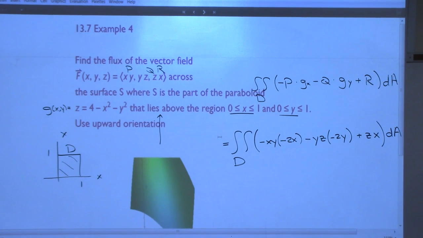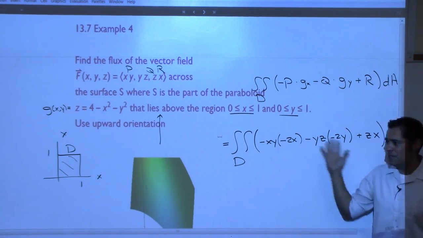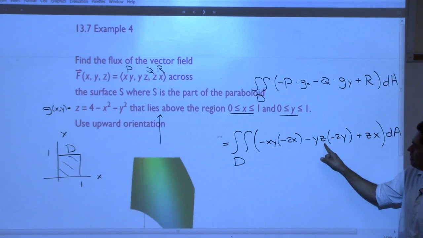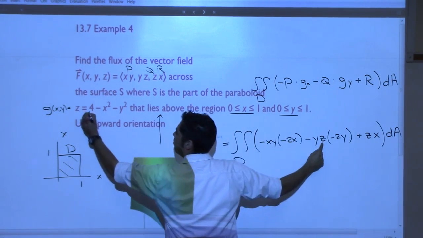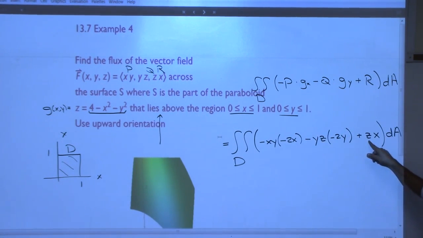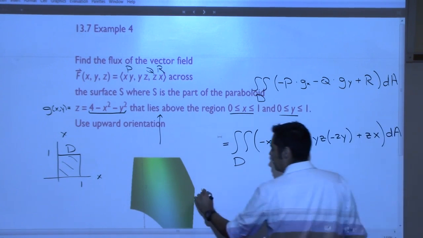If I'm going to be integrating with respect to x and y, I need all of these to be x's and y's. I have a z in here, but z is 4 minus x squared minus y squared. So I'm almost done setting it up.